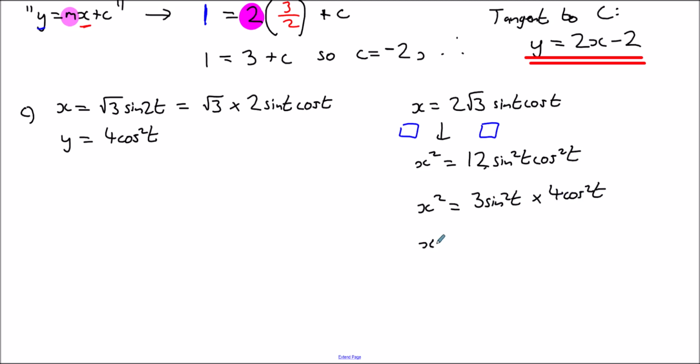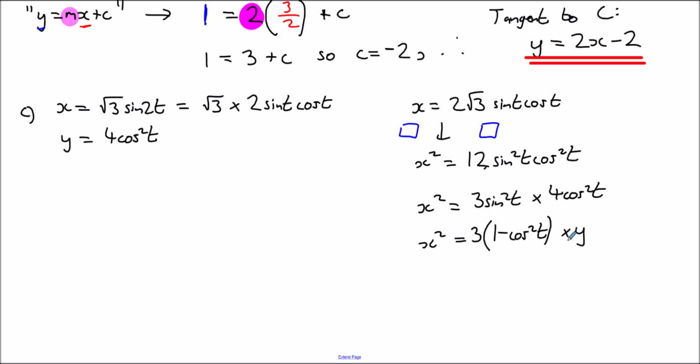In other words, x squared equals 3 sine squared t. Now I'm going to change sine squared in terms of cos squared. Well, sine squared t is 1 minus cos squared t. So if I just replace this with 1 minus cos squared t, and then 4 cos squared t is the same as y.